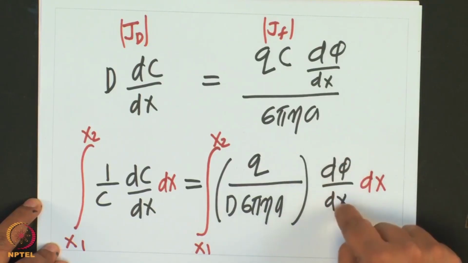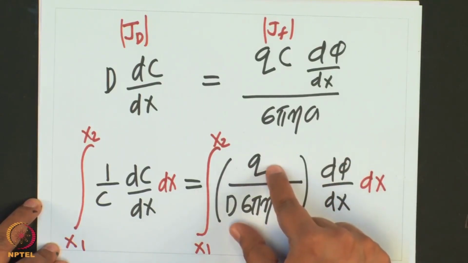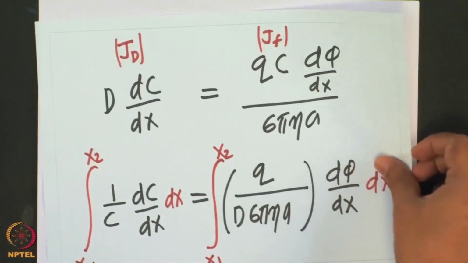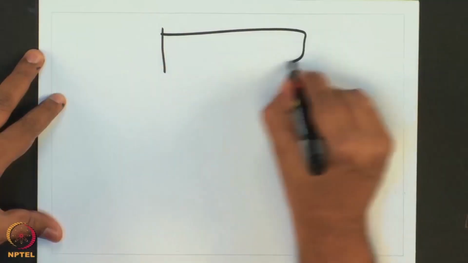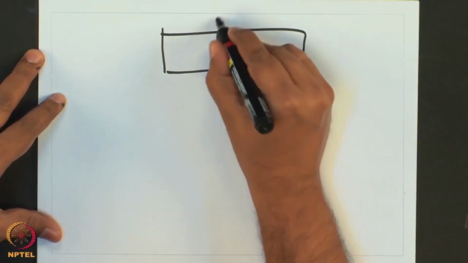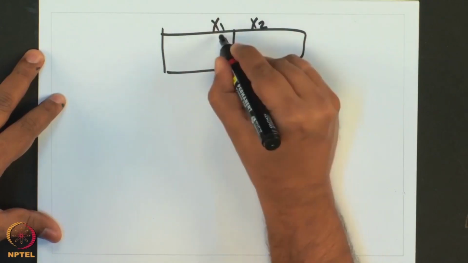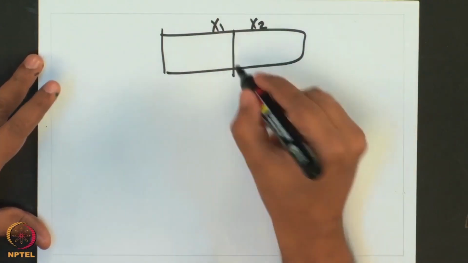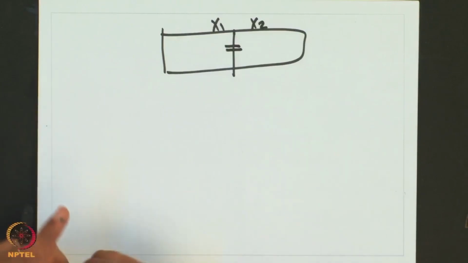So integral of d phi by dx dx. So this is a constant. So let me rewrite this. What do we get essentially at the end of the day? First of all, I want you to understand that x1 and x2 are this side and this. So this is x1 and this is x2. This is across the channel both sides.